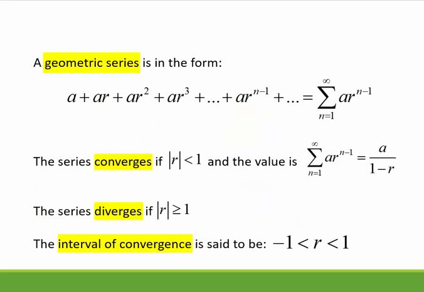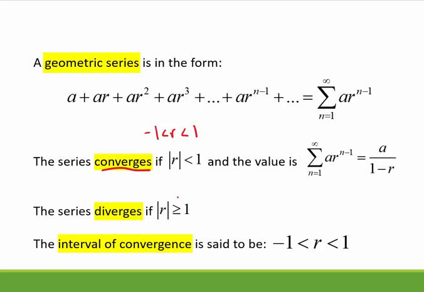Okay, so a geometric series, like I just talked about, is you have your first term, and then you have a common ratio that you keep adding in. The series converges if the absolute value of your ratio is less than 1. Another way of saying that, if your ratio is between -1 and 1. And it diverges if the ratio is greater than 1.